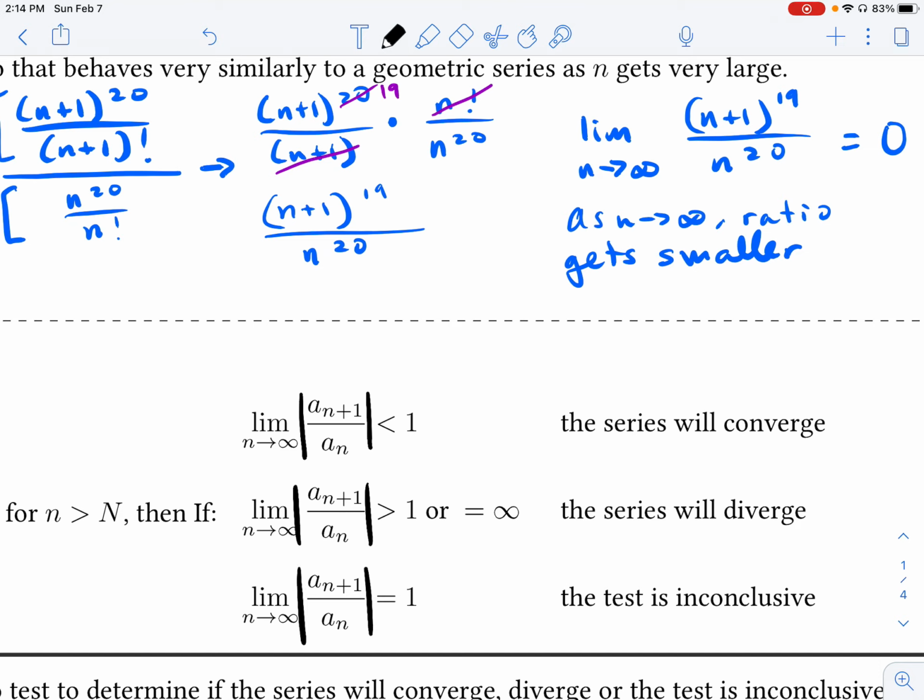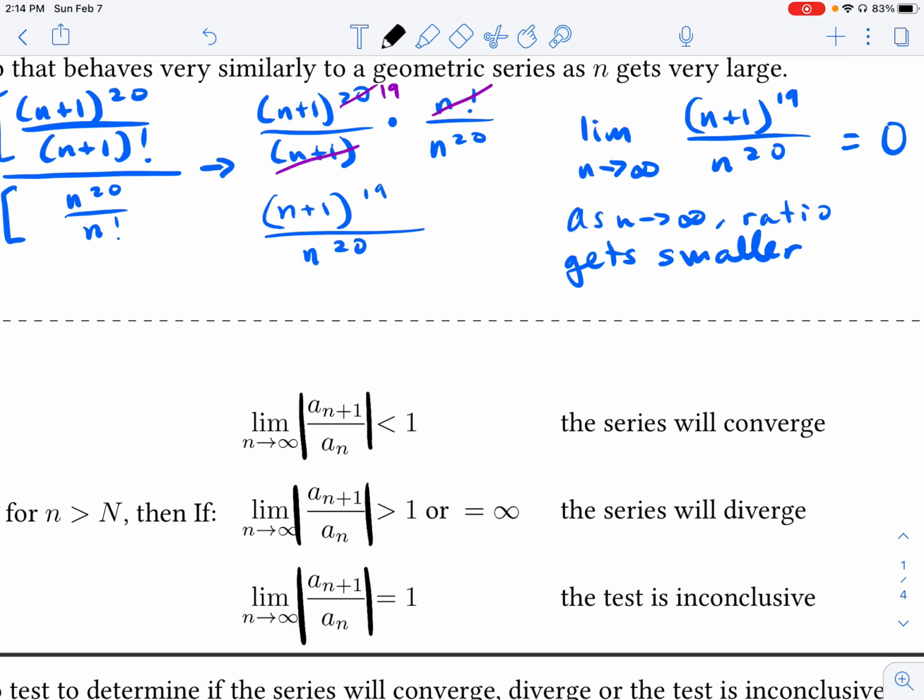It's a similar thought process as the geometric series test. And this allows us to work with non-geometric series. To say if the limit as n approaches infinity of the ratio between the subsequent term and the current term is less than 1, again, if the ratio then is getting smaller, that means the series will converge. If the limit of the ratio as n approaches infinity is greater than 1, or oftentimes we'll see is equal to infinity, then we know that the series will diverge.